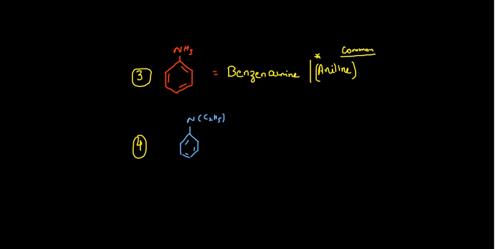Okay, let's keep it like this. We'll check if something is required. So what are we going to name this? Try this yourself. I'm going to answer that in the next one.